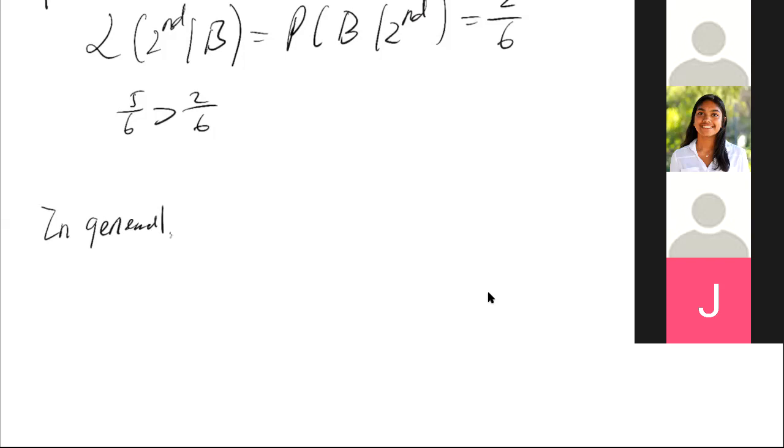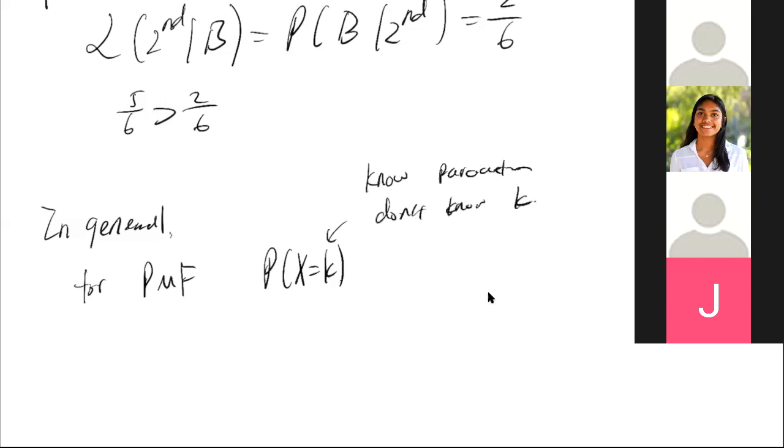For a probability mass function or probability distribution, you are finding the distribution: this is an unknown k, but you know the parameters, but don't know the specific case. That's why you are given a probability distribution.